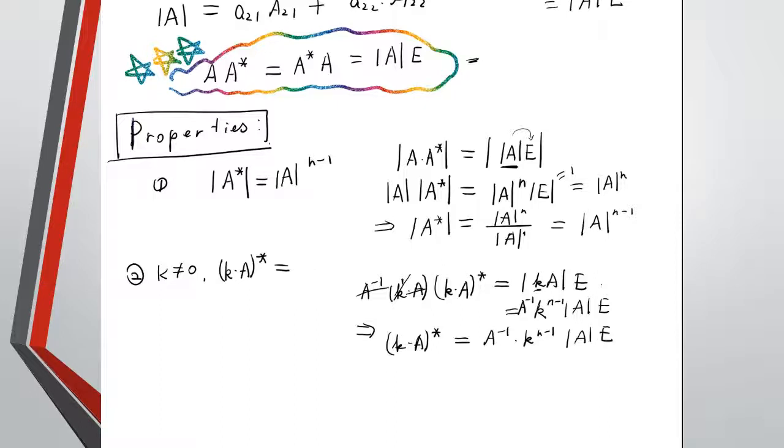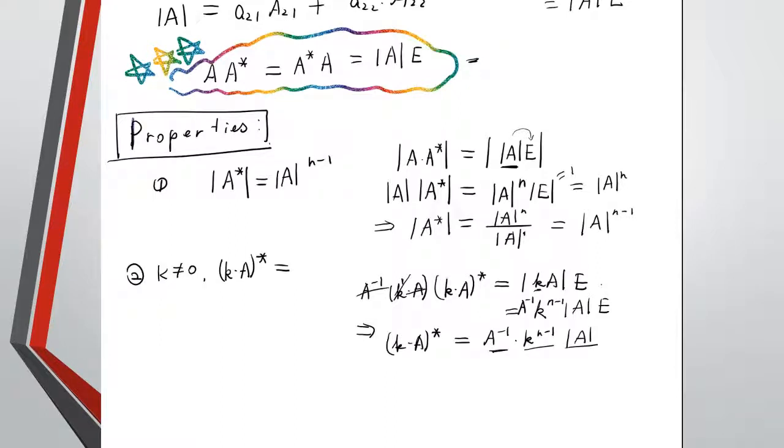All right? So let's do something magic. Because this E times this matrix will not change anything, we will just cancel this E out, okay? So what about this one? Can we do something?